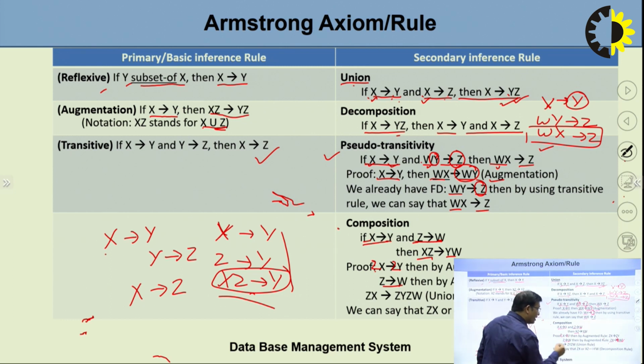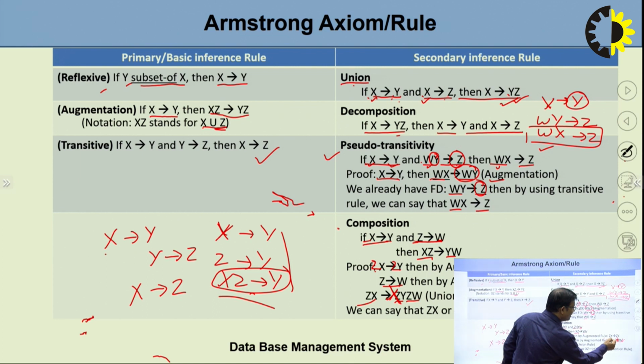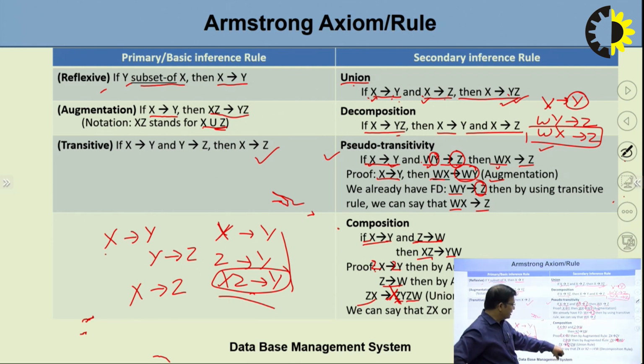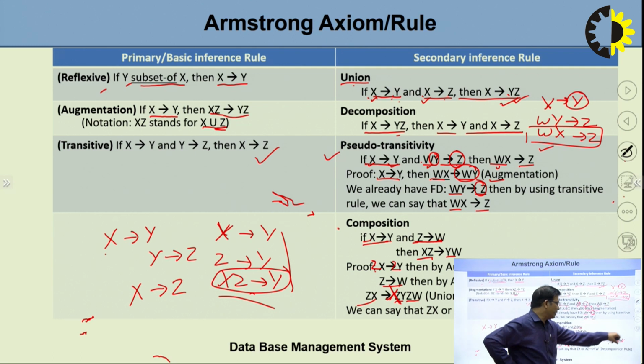So by combining all unions, zx tends to zy, x, sorry, this is x, xy, zw. All these columns, zx, zx, zx, both are common. So we should say that zx tends to wxyz.